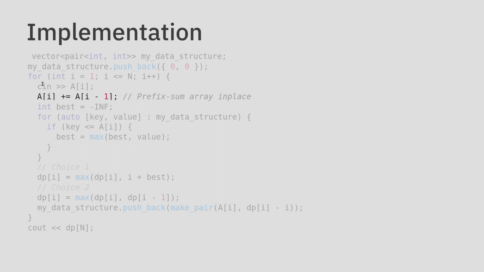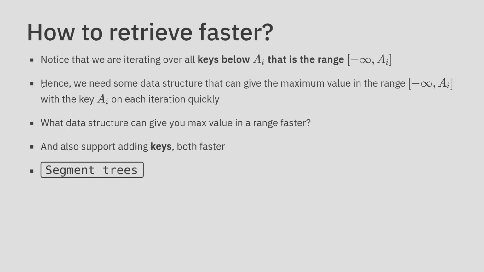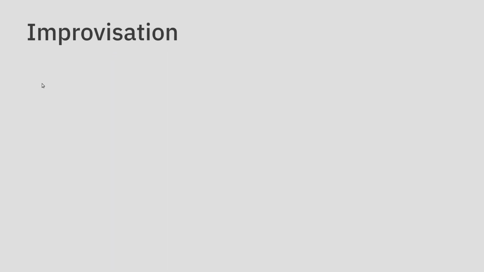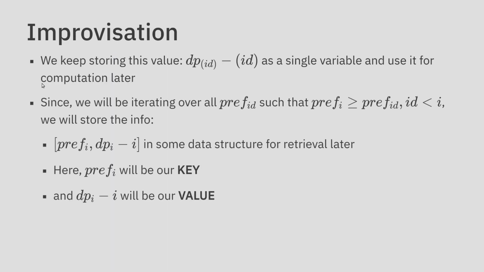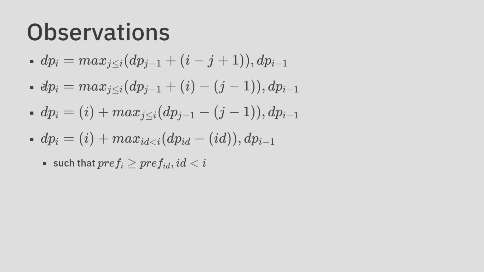Here we are converting the array into a prefix array, and this is the first choice, I plus maximum of this. So the value to the left of the comma is the first choice and the right one is the second choice.